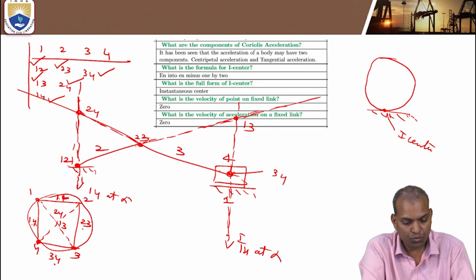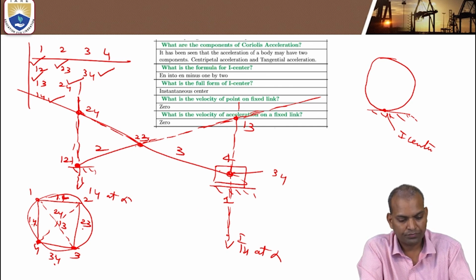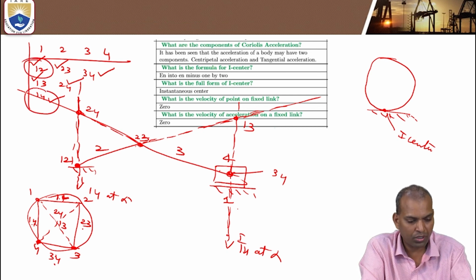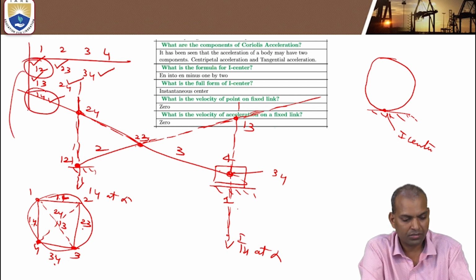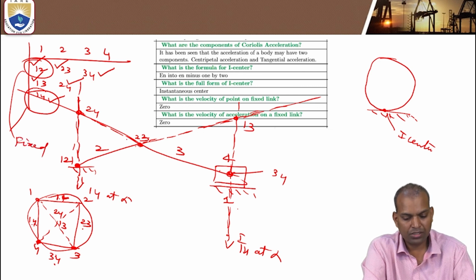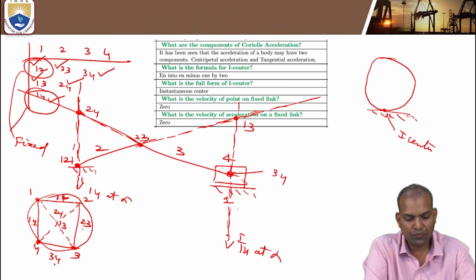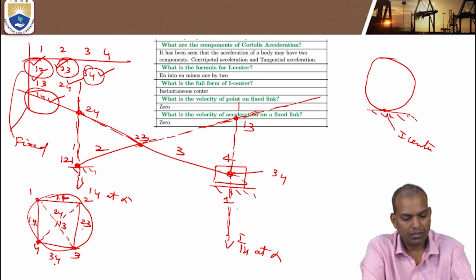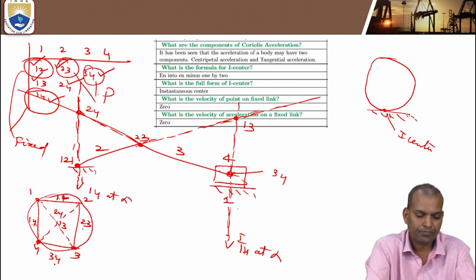The I-centers 1-2 and 1-4 are fixed I-centers. Next, I-centers 2-3 and 3-4 are permanent I-centers.